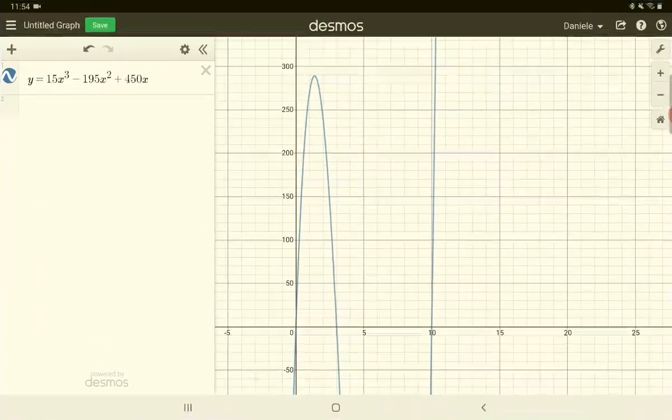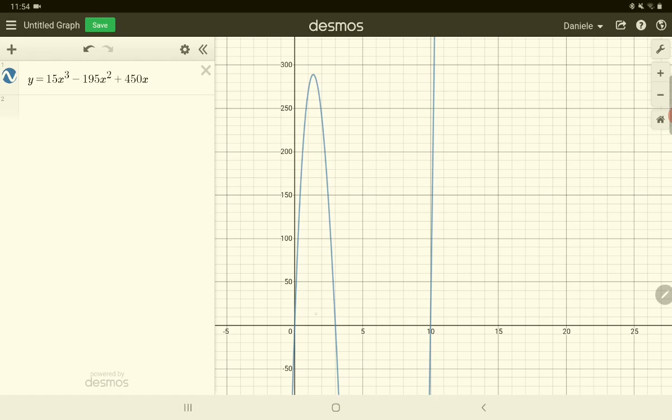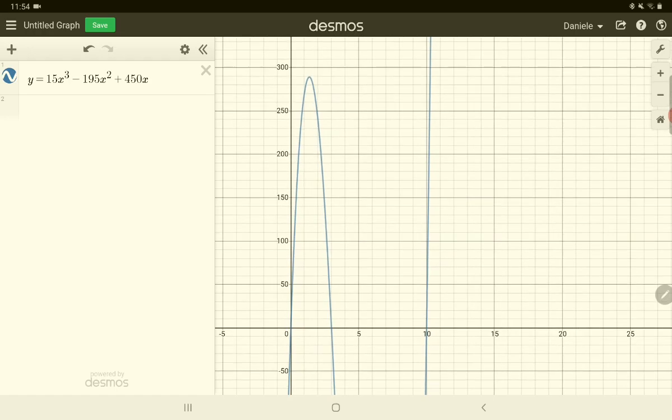Looking at that graph, you can see that the only x values that are relevant to us are the ones from 0 to 10. So from when it gets catapulted, goes up, goes down into the water, and then comes back up at 10, that is all we are concerned with.